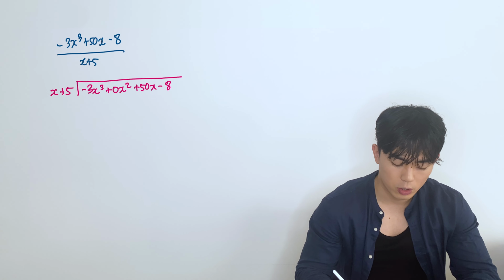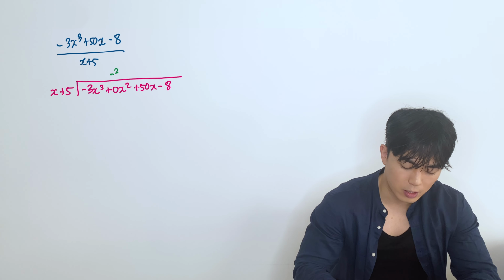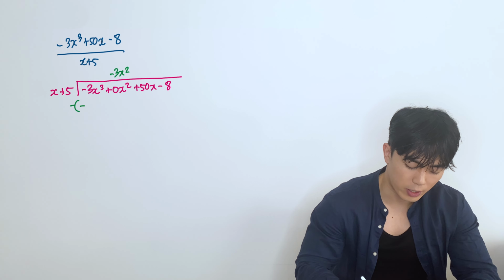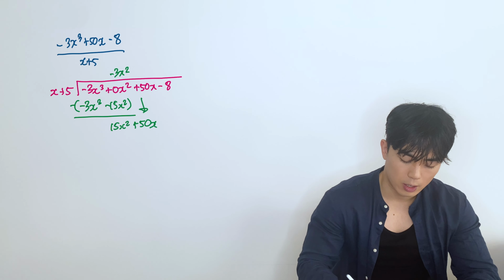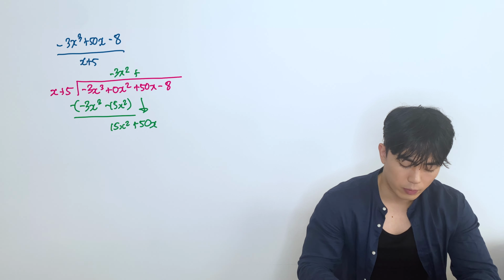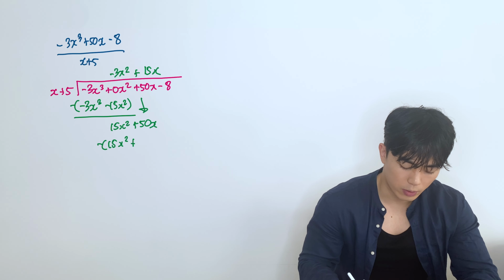So minus 3x cubed divided by x is minus 3x squared, minus 3x cubed, minus 15x squared, which will give me 15x squared. Bring down this one, so plus 50x. 15x squared divided by x is 15x, so minus 15x squared plus 75x, like this.